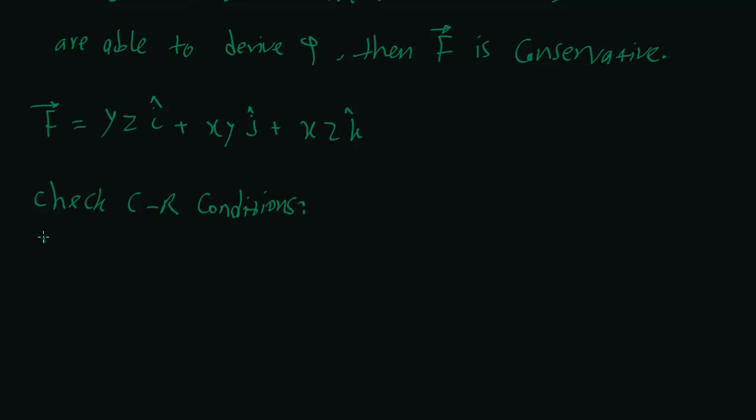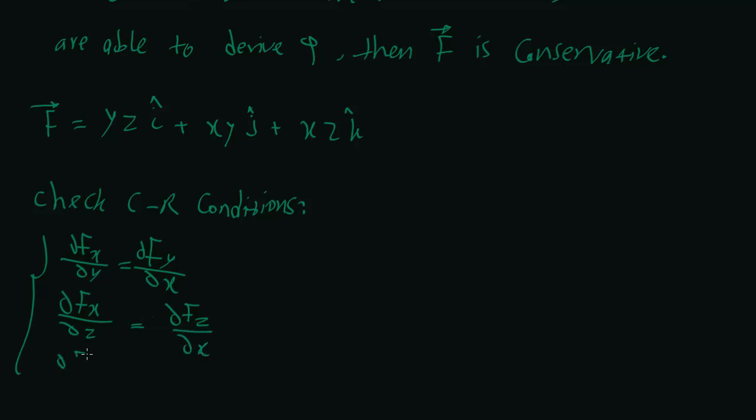So here are the conditions. The derivative of fx with respect to y should be equal to the derivative of fy with respect to x; fx with respect to z should be equal to fz with respect to x; and also fy with respect to z should be equal to fz with respect to y.